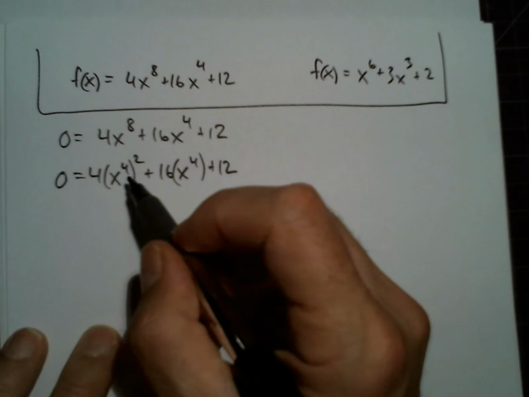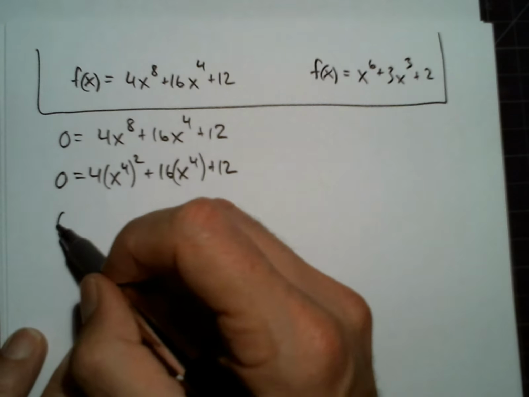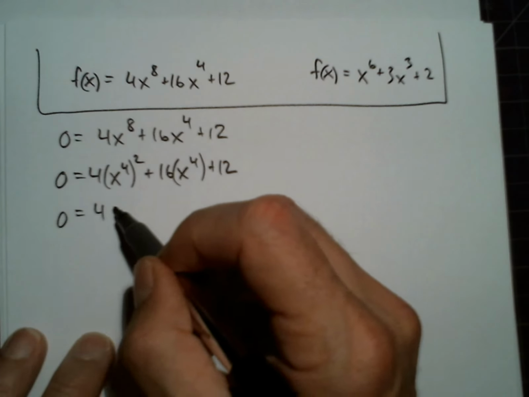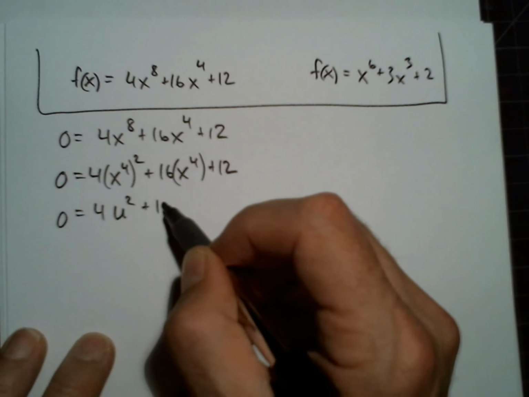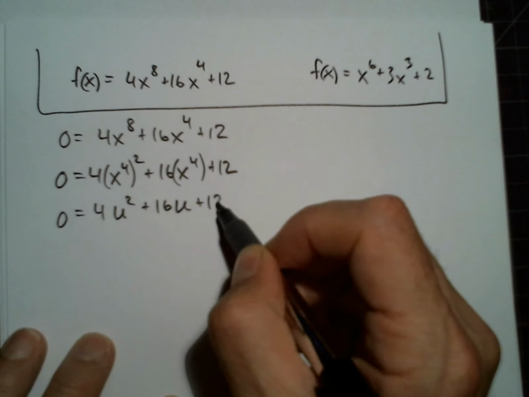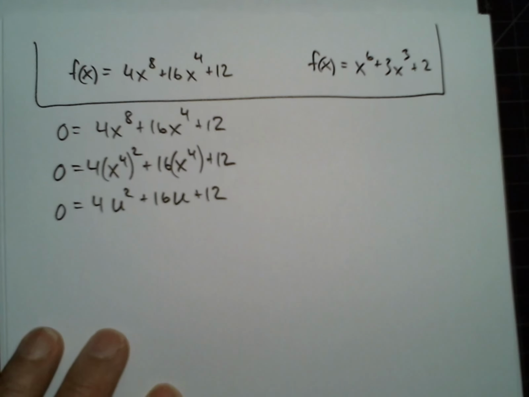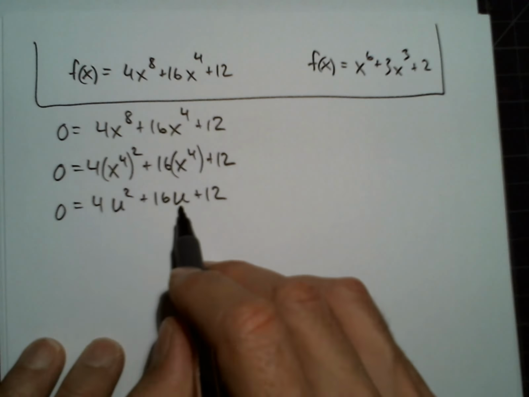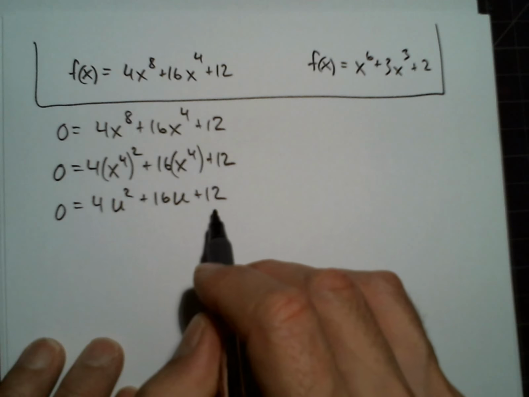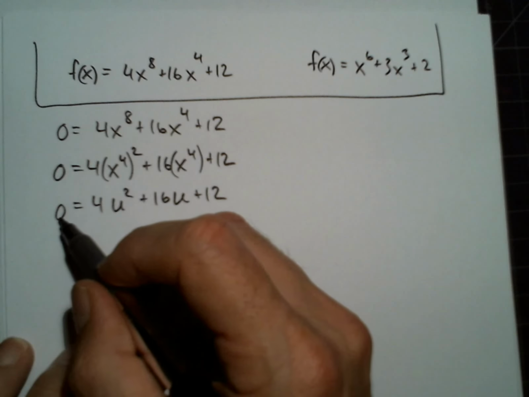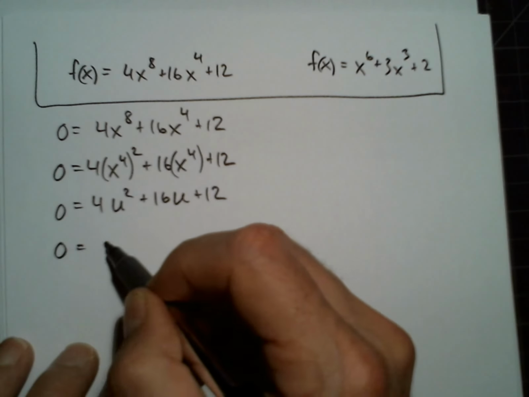And we're just going to try to make this look easier to do by, instead of writing x to the 4th, we will just write some other letter, u, because that looks more familiar. We can factor that, and we also have a common factor of 4, so let's divide everything by 4. And we'll divide 0 by 4, which is still 0.